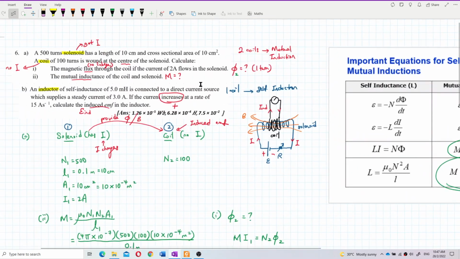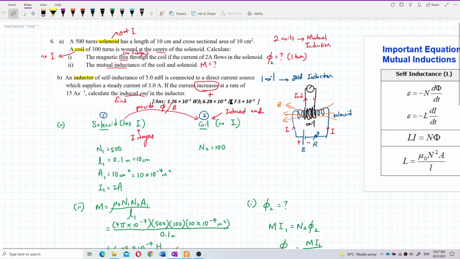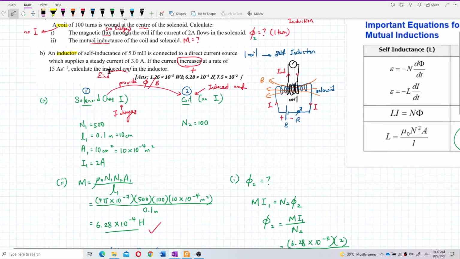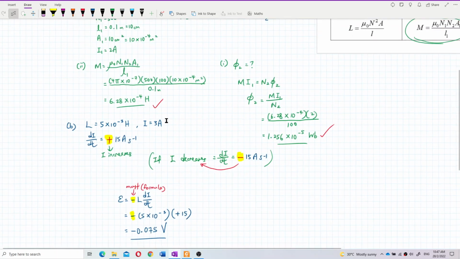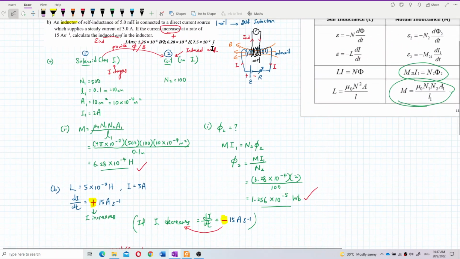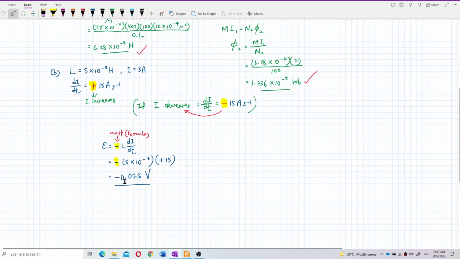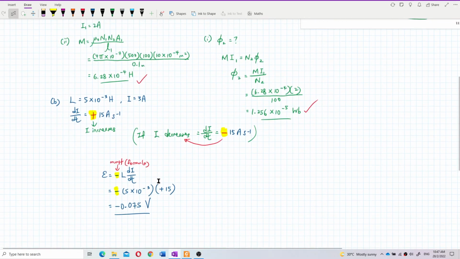Yes, that's correct. Actually this one should have a negative sign, so you forgot the negative sign. So the induced EMF in the inductor is negative 7.5 exponent negative 2, which is negative 0.075 volt. So this value is correct.